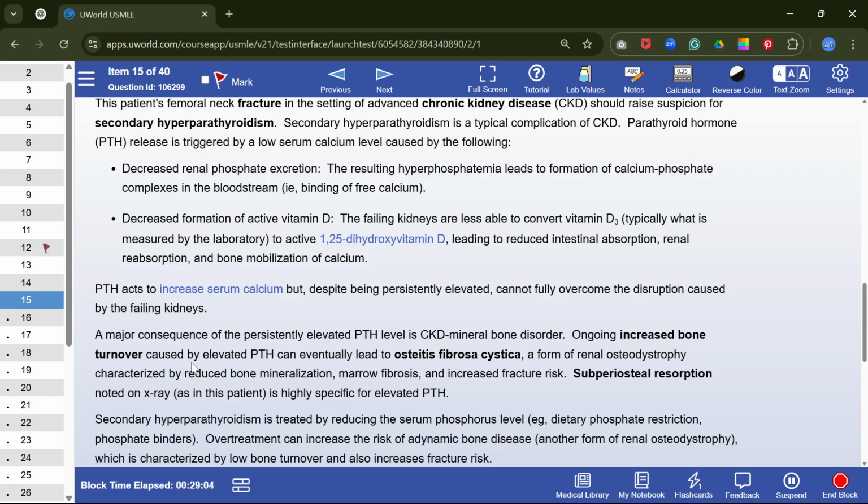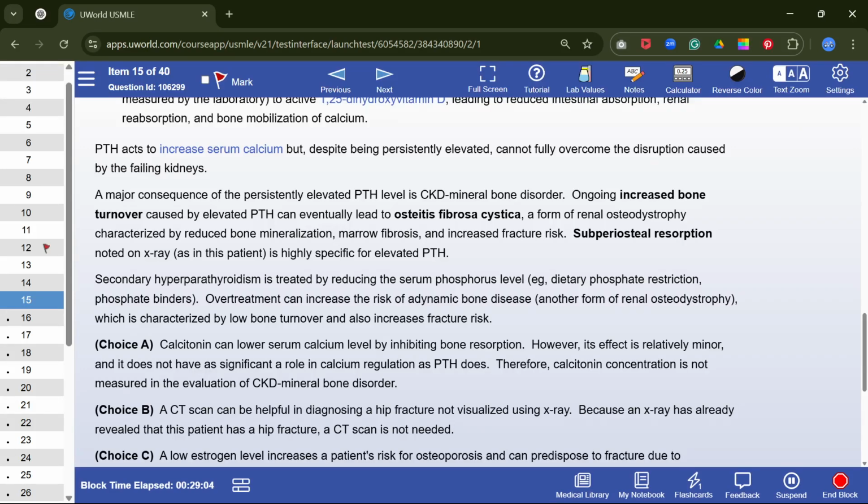Ongoing increased bone turnover caused by elevated PTH can eventually lead to osteitis fibrosa cystica, a form of renal osteodystrophy, characterized by reduced bone mineralization, marrow fibrosis, and increased fracture risk. Subperiosteal resorption noted on X-ray, as in this patient, is highly specific for elevated PTH.